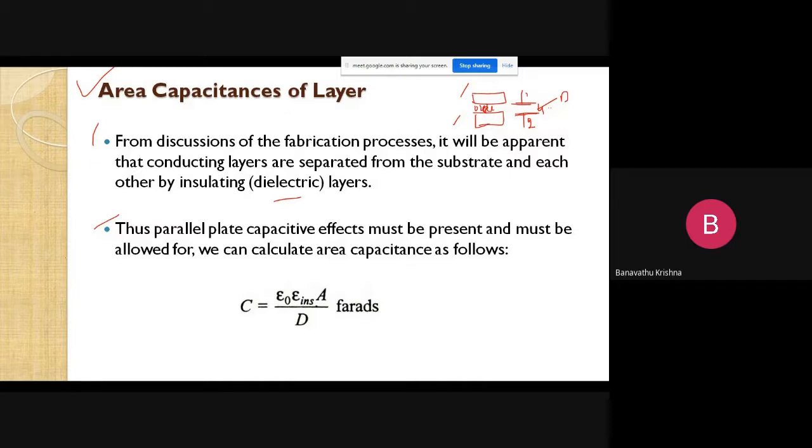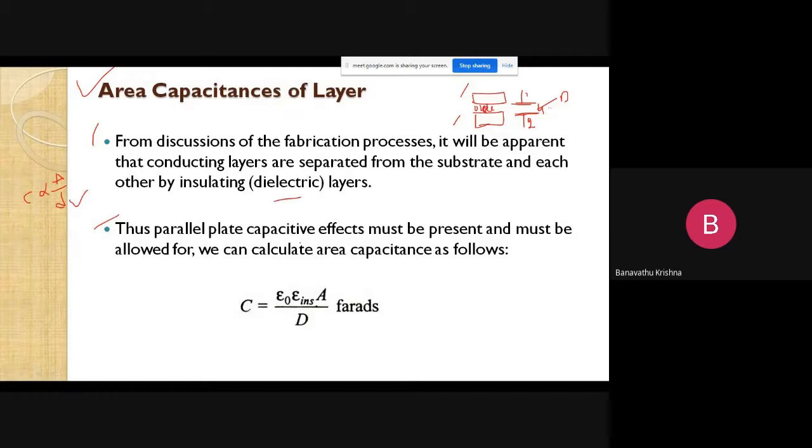So capacitance C is directly proportional to A by D. Here A is the cross area of the capacitive plates, and D is the thickness.